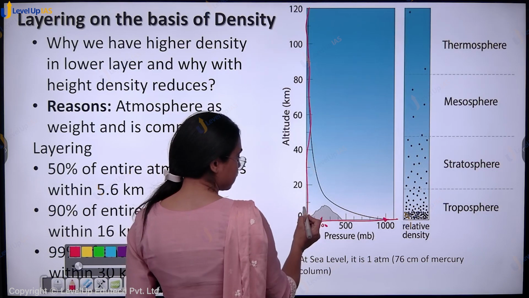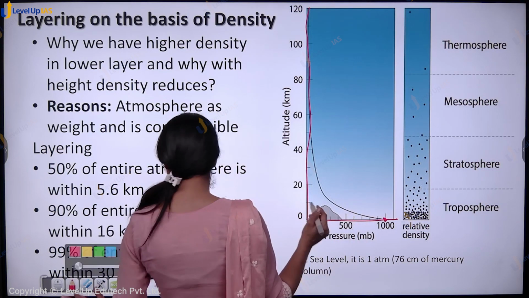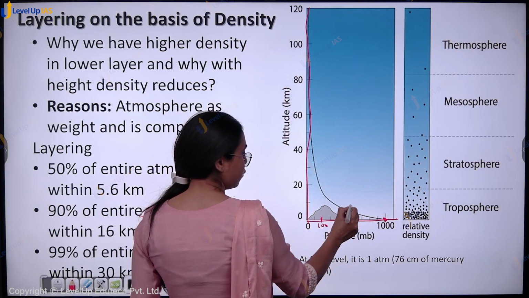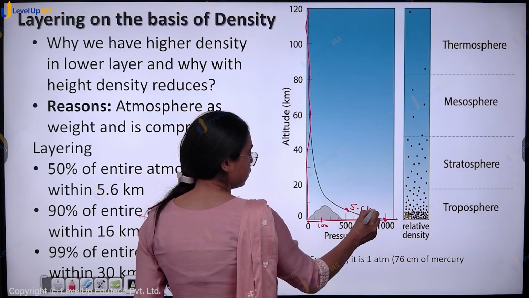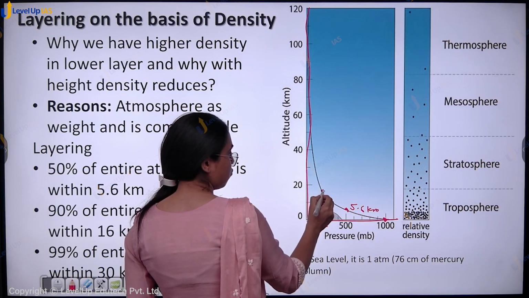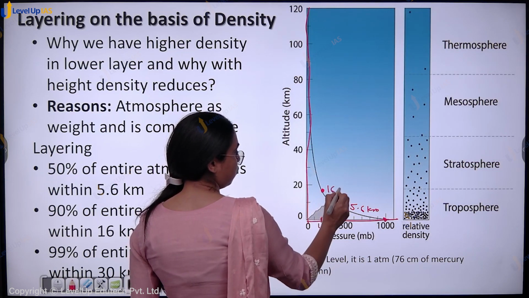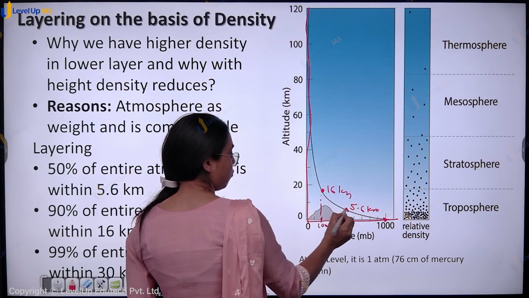Within 5.6 kilometers, we have 50%. Within 16 kilometers, you have 100 MB.